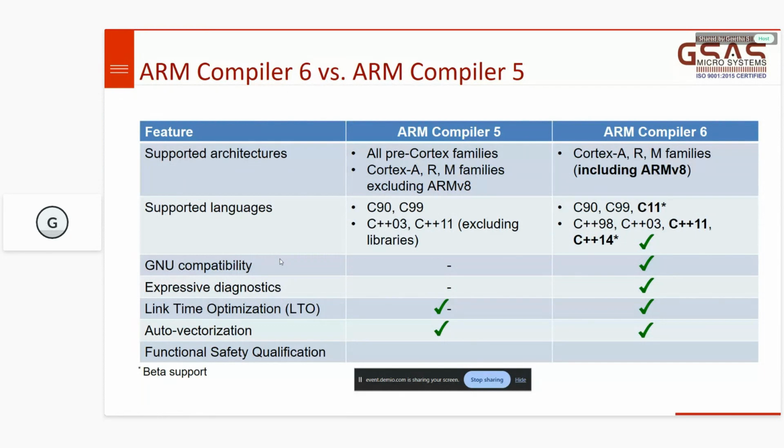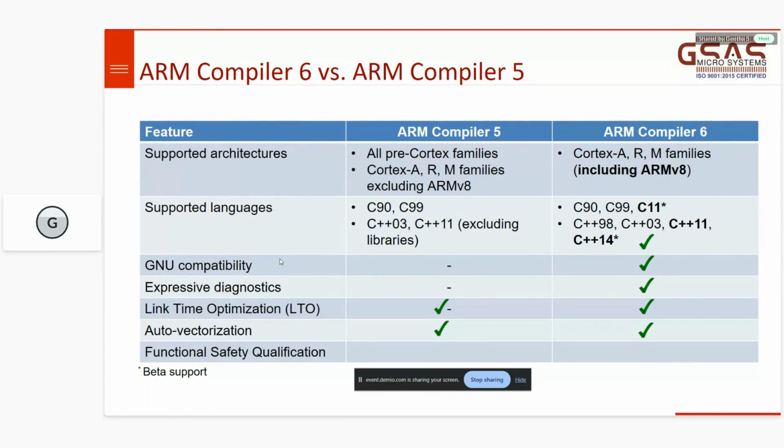Pre-Cortex families means before ARM came up with the Cortex architecture series, they were supporting ARM7, ARM9, ARM11. ARM11 did not come to embedded applications. It went for enterprise applications, for Java-related applications. But even before Cortex was released, ARM7, ARM9, everything is supported in compiler 5.